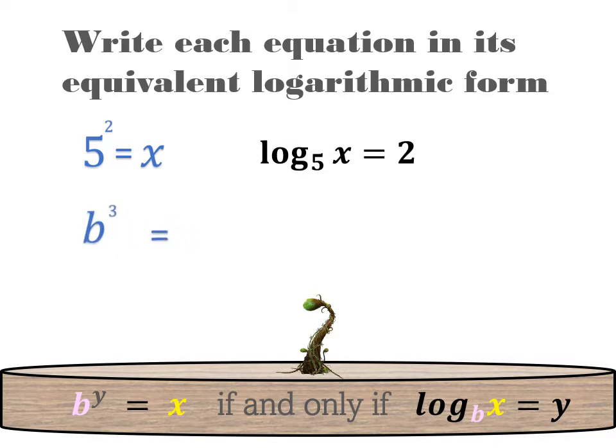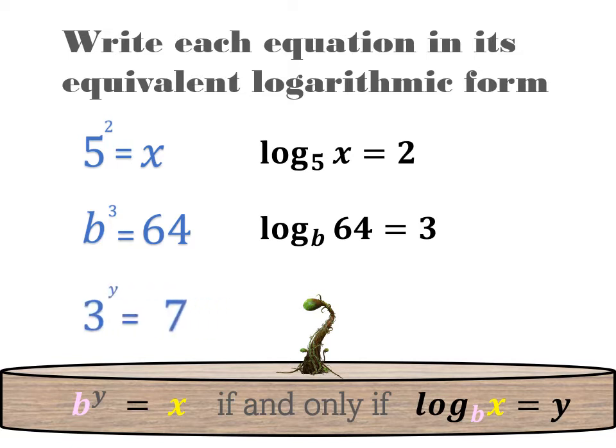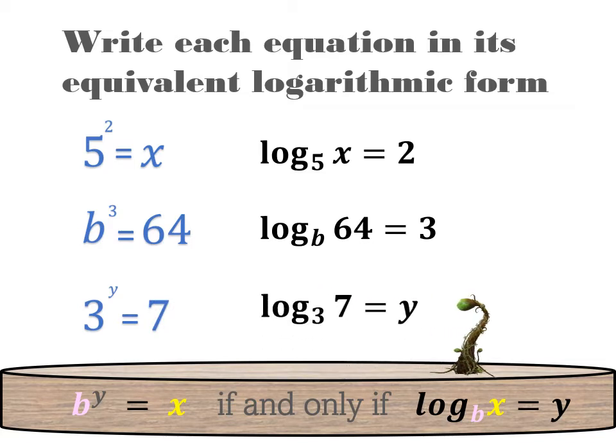If we have b cubed equal 64, that's the same as log base b of 64 equal to 3. So if we have 3 to power y equal 7, that's the same as log base 3 of 7 equal y.